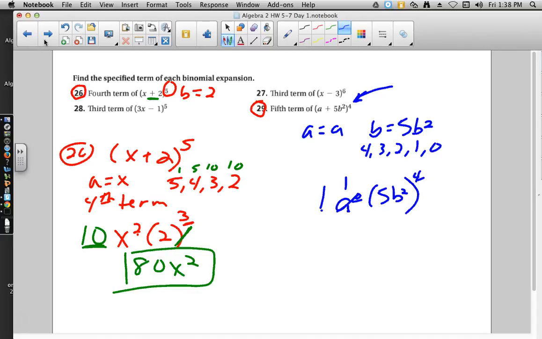And then we have 5b squared to the fourth power. So really what we need to figure out is, what is 5b squared to the fourth power? So that will be 5 to the fourth, which is 625. And then when you have a power and you raise it to a power, you multiply those exponents. So that will be 625b to the 8th.